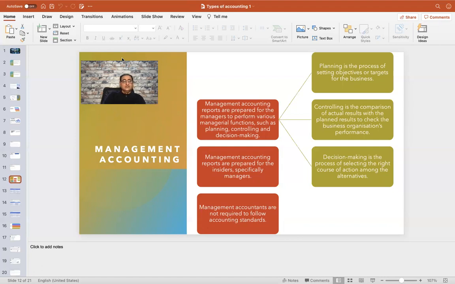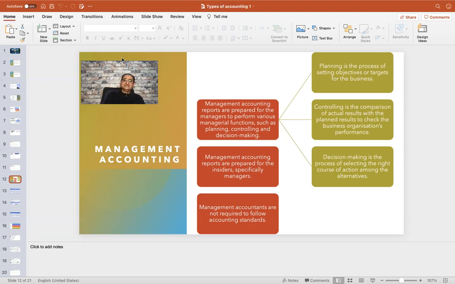For example, planning, controlling, and decision making. So, what is planning, controlling, and decision making? So now I am going to explain these three managerial functions, how we can define planning, controlling, and decision making. So first is planning.